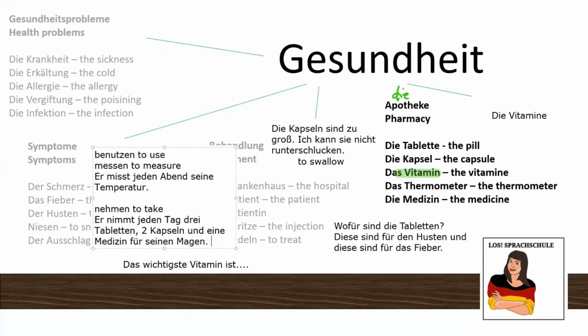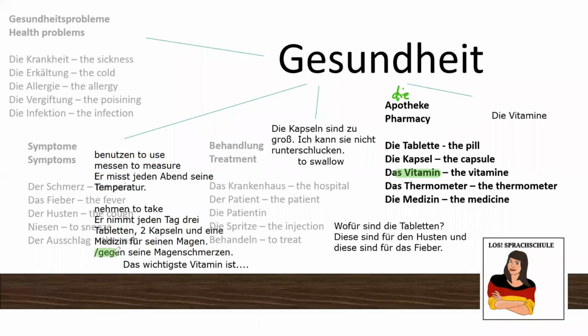Of course, in this case, we have to say for his stomach because no one would take a medicine against his stomach. If you would say for his stomach pain, you could say gegen seine Magenschmerzen, against his pain. The against must be something negative, of course, against the pain. But for his stomach, for a soothing stomach, for example, it's for.